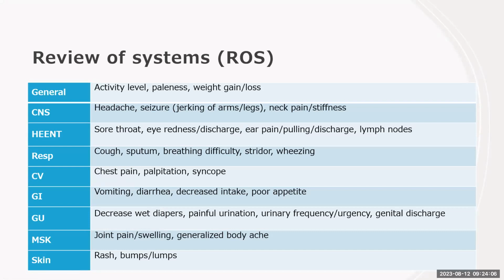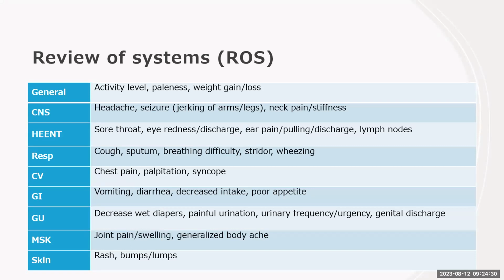For the CNS, we'll talk about presence of headache, any concern for seizures, so jerking of arms and legs, mouth twitching, lip twitching, stuff like that. Neck pain and stiffness are very important to ask in a patient who presents with fever, especially fever and a headache. It's very important for you to ask about neck pain and stiffness.